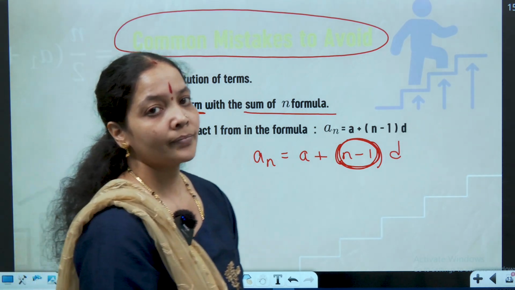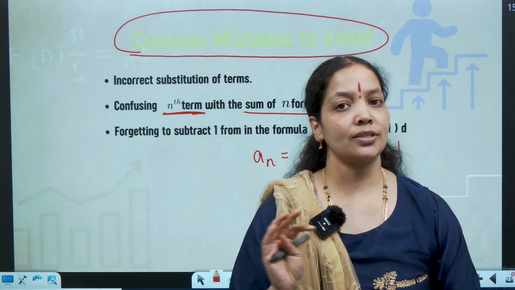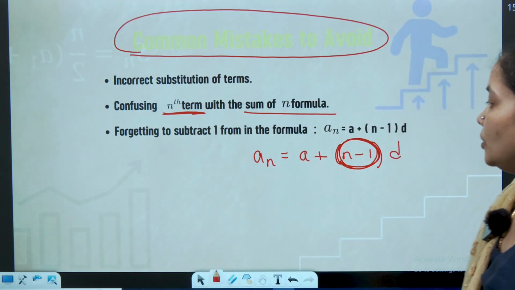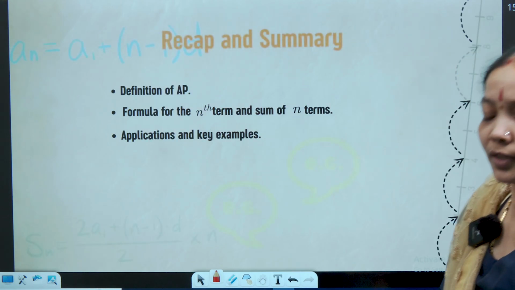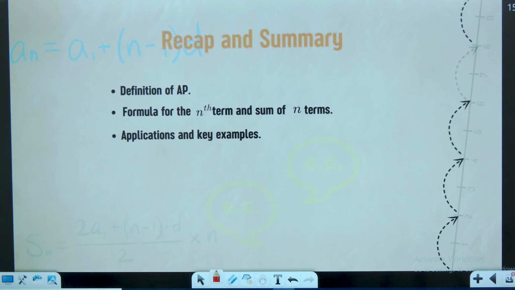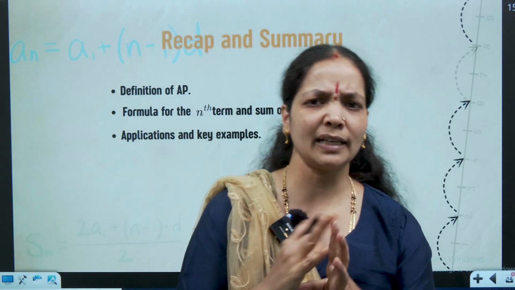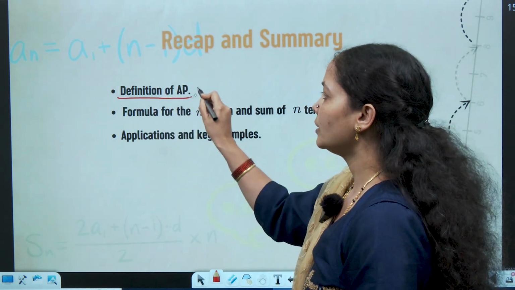So take care. Before solving your questions, make sure that you are reading the question properly and analyzing it in a systematic way. Whatever mistakes are committed, you don't have to worry. If you just recheck the answer, that will be fine. What did we learn in this chapter? To quickly summarize, we have learned the definition of AP.